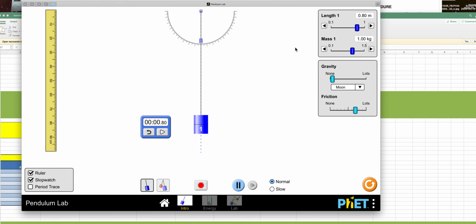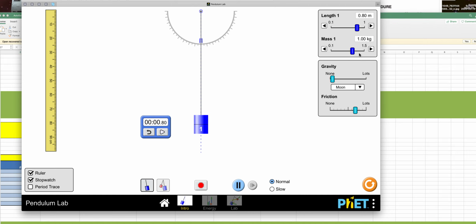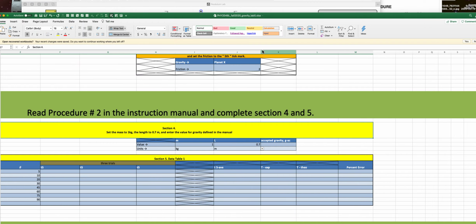So you'll go to here, and set the mass to 1 kilogram and the length to 0.7. Mass is already at 0.1, so you're going to set the length to 0.7. And now you're ready to begin the experiment. Just make sure you adjust the gravity to Earth and then friction to the 5th tick mark.